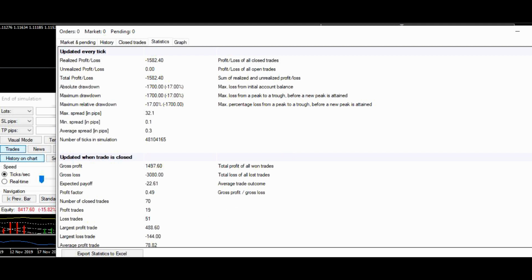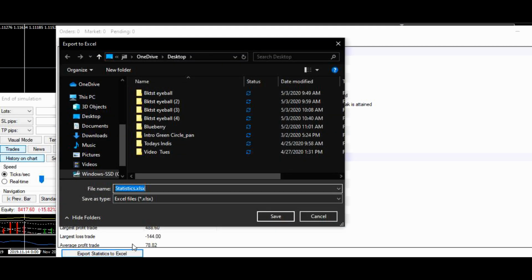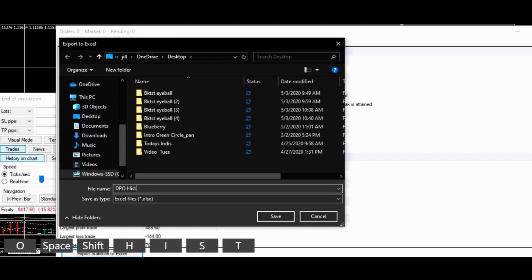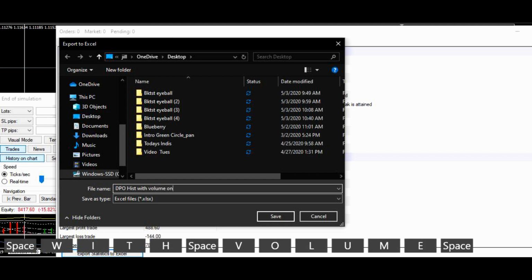So what I can do now is I can actually save this. So hold on one moment for me. We're going to export statistics to Excel, and I will call this DPO histogram with volume only backtest, BKTST.